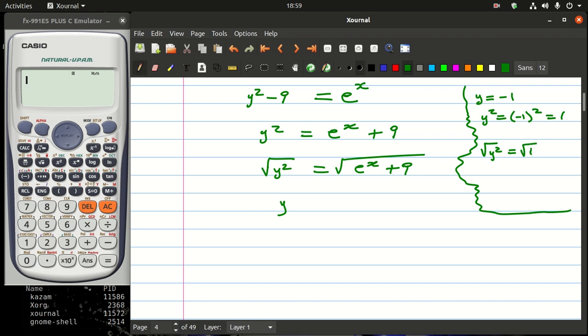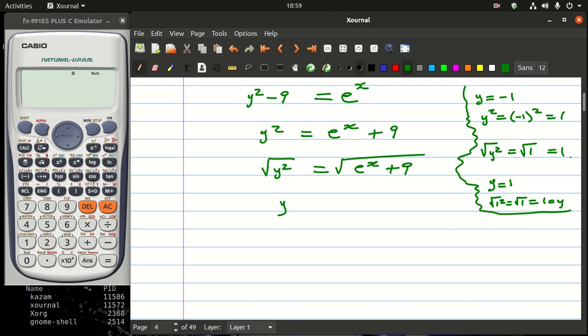And the square root of this is supposed to give us a positive number, which is just equal to 1. And this is not the same as minus 1, which was y. So we cannot say that every time I take the square root of y squared, I get the same y. But if my y was equal to 1, then the square root of 1 squared is the square root of 1, which is just 1, which is equal to our y. So in this case, it's only possible when y is positive.